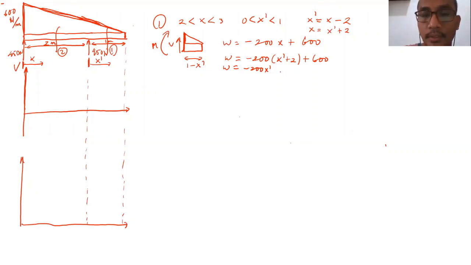So in this case it will be plus 200. Let's check at x action equal to 1 meter. The value of W is supposed to be 0, and it's correct, right? So this one is our equation that we're supposed to use in this particular problem. Now we use it to solve the problem.